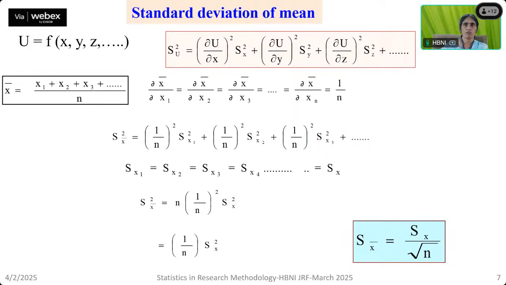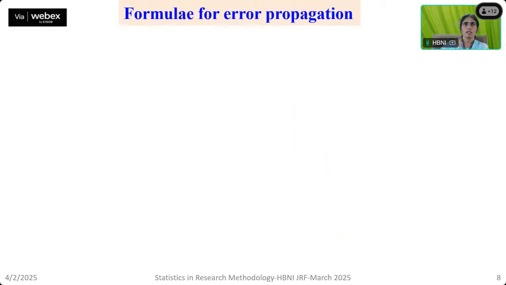So if you have to calculate simply the standard deviation of the mean, it will be root 1 by root n times that of the standard deviation of the individual contributors. So this formula you can directly apply wherever you encounter such calculations involved in your measurement and final expression of the results.